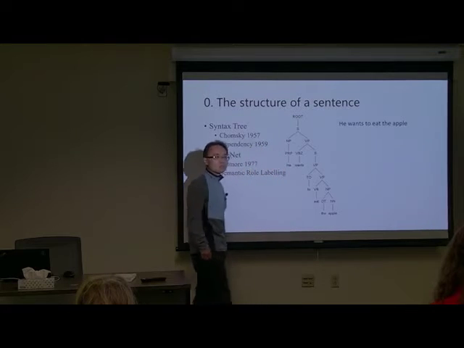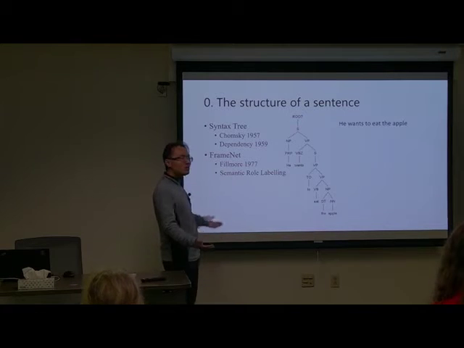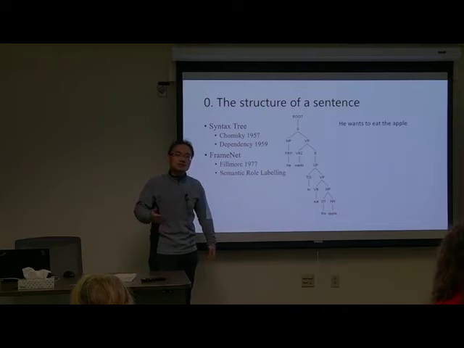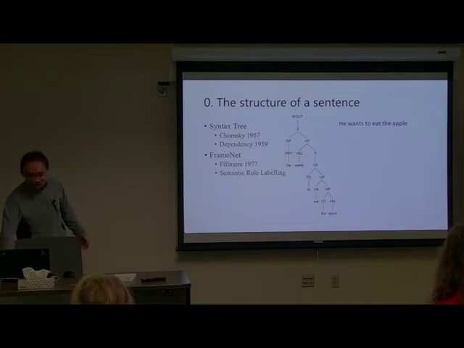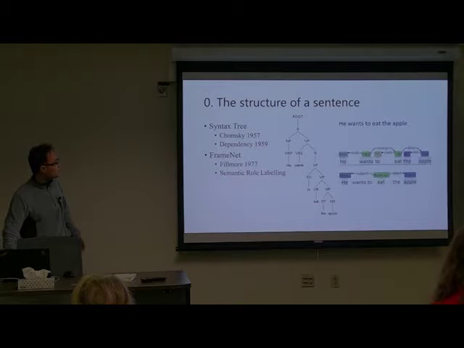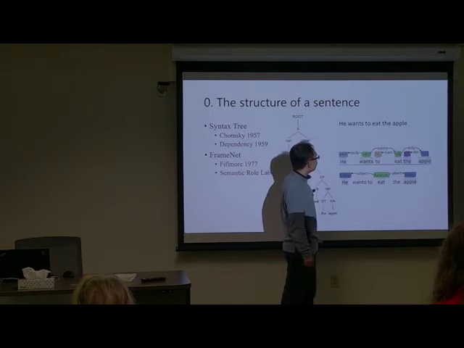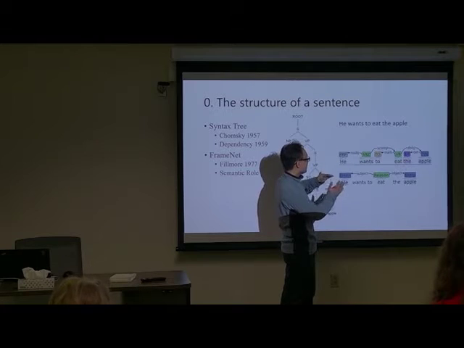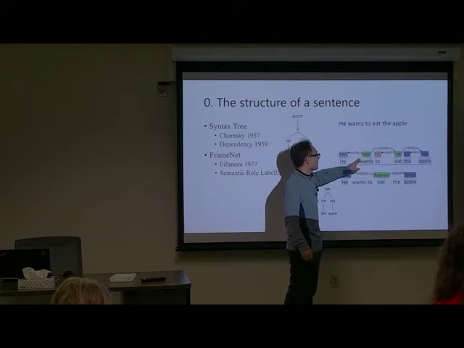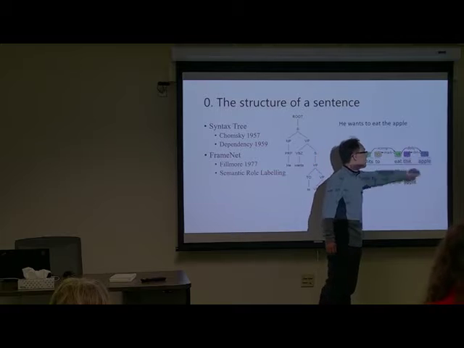For computer science, many scholars say, oh, why not? It's simple. He eats. But many linguists would not agree. But in practice, most of us want to say, yeah, he eats the apple. So this is the dependency style, and we just represent the relations between words like subject, object, or some modifiers, or the determiner.